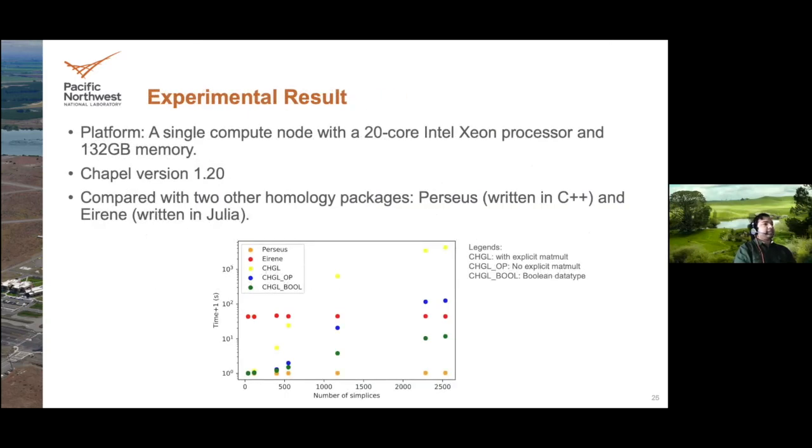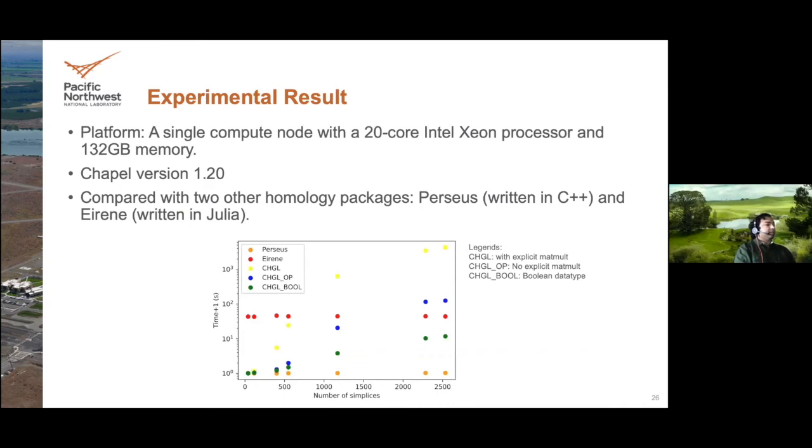With all these changes, we ran some experiments. The platform we have is a single compute node with a 20-core Intel Xeon processor and 132 gigabytes of memory.